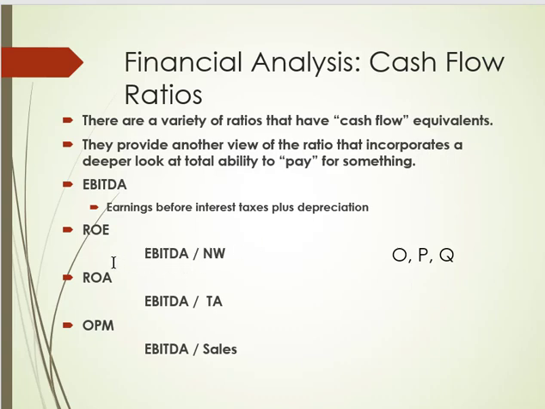EBITDA divided by net worth gives us a return on equity kind of number, the cash flow to net worth. The cash flow to total assets gives us a form of return on assets. And then operating profit divided by sales gives us a picture of a cash flow number compared to the sales.